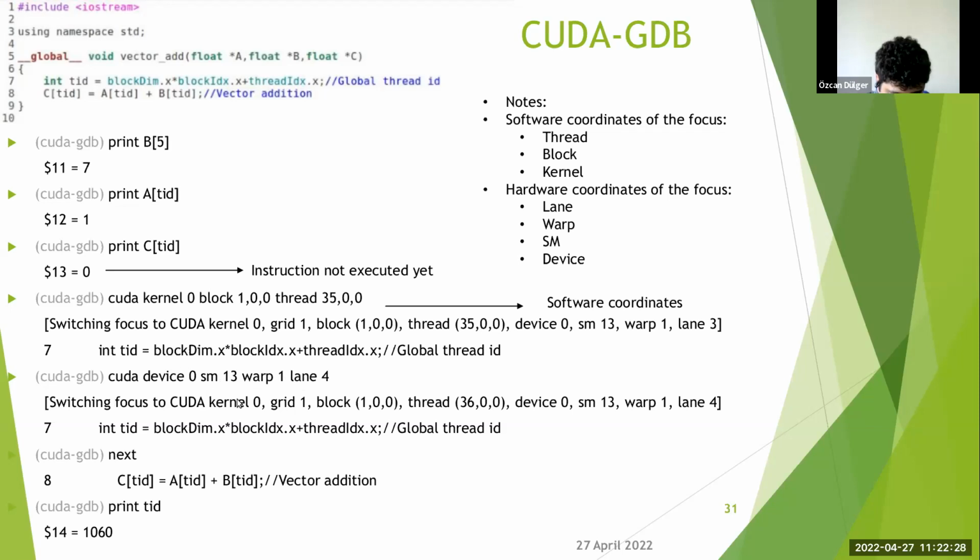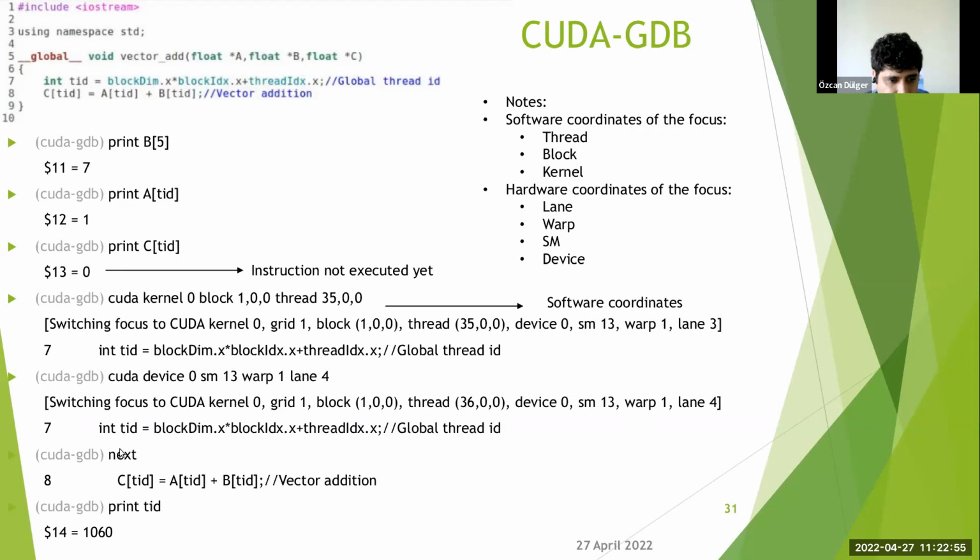So we switch it here. As you see, now the thread ID becomes 36. So we switch to the next thread of the previous focus, as you see. And of course, lane information becomes 4. Again, the debugger jumps to line 7.